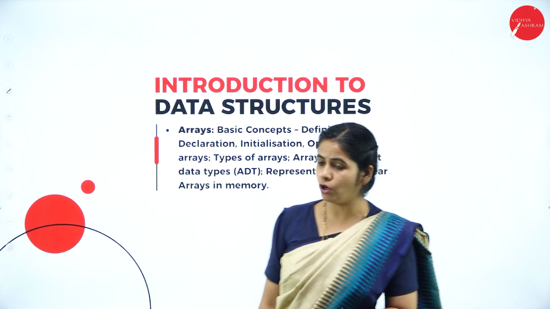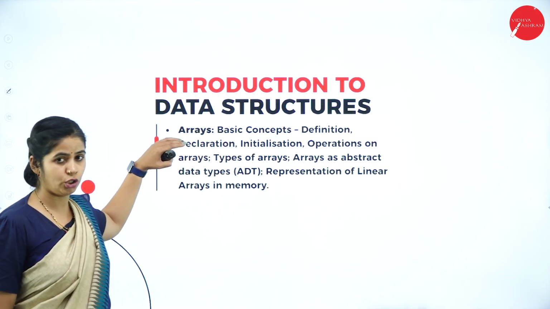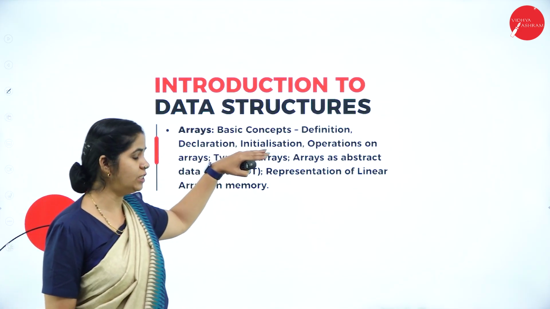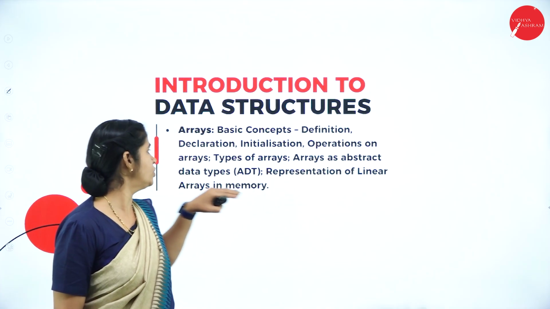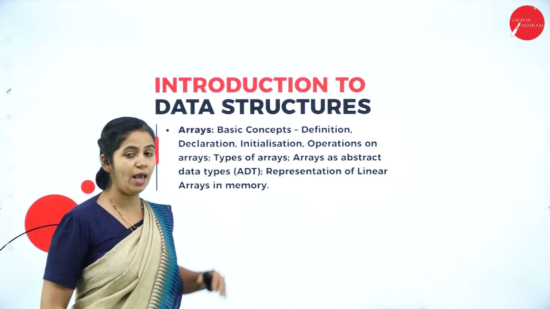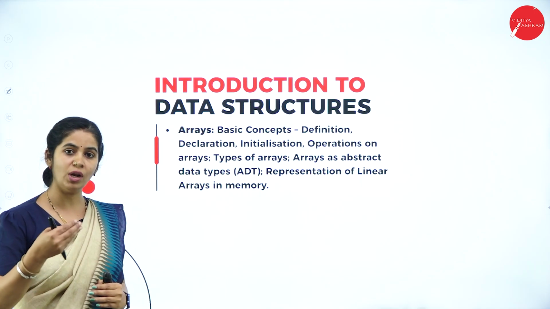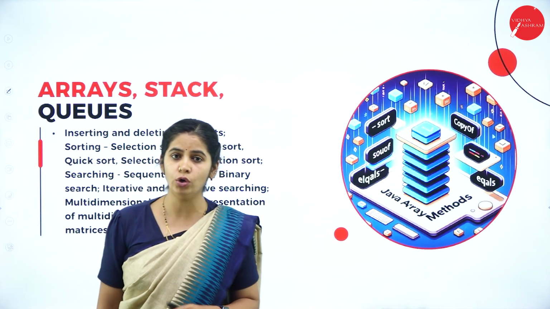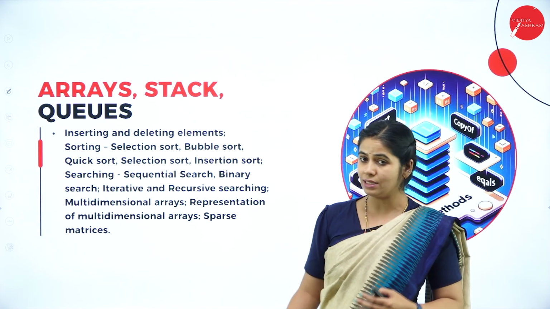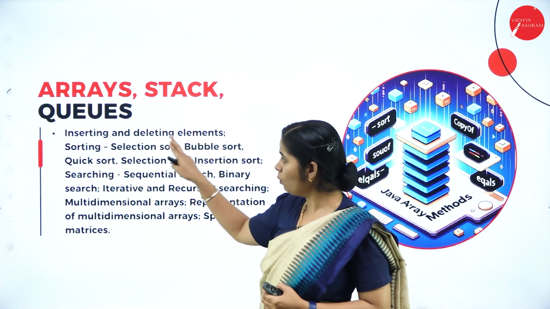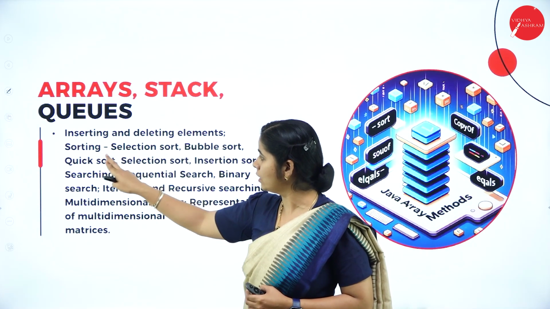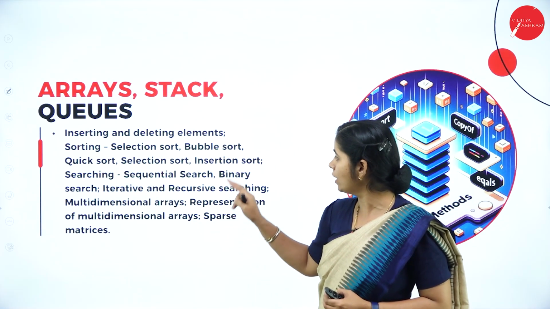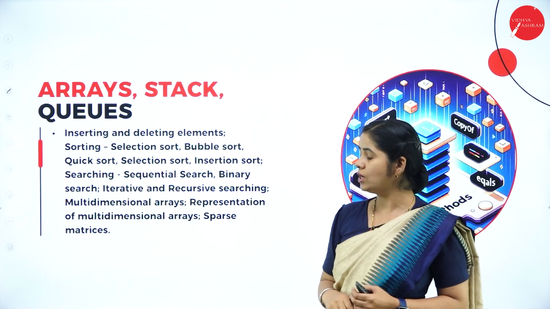Apart from this, in module or unit 1, we have an introduction to arrays. What is an array? The basic concepts: array definition, declaration, initialization, what all operations we can do on arrays, and types of arrays. We have different types of arrays: single dimensional, two dimensional and multi-dimensional arrays. We are going to discuss all that in module 1. In module or unit 2, we continue the discussion on arrays: insertion and deletion of elements using an array, sorting (selection sort, bubble sort, quick sort, insertion sort) and searching (sequential search, binary search).